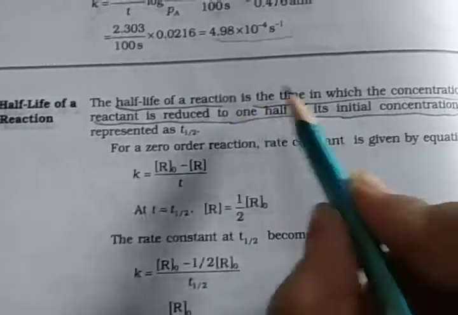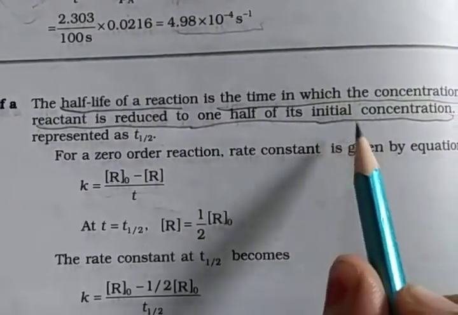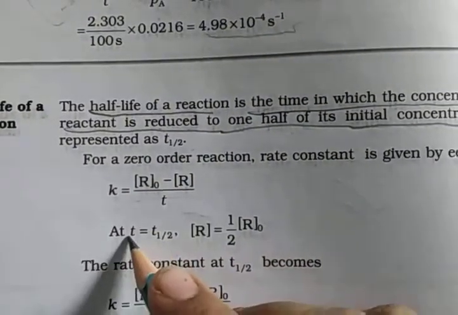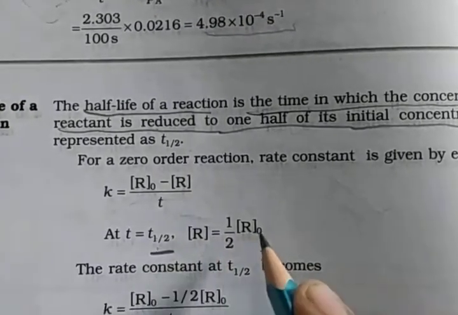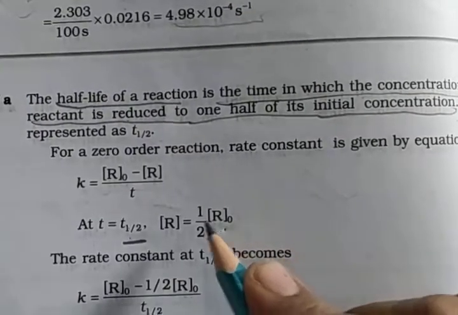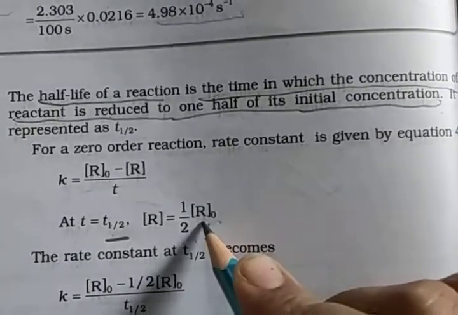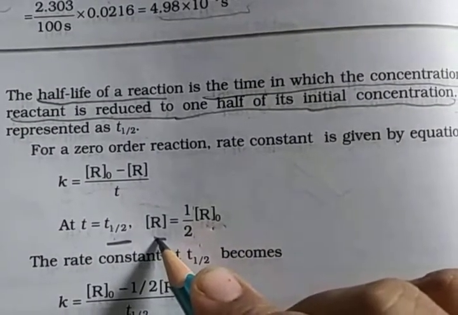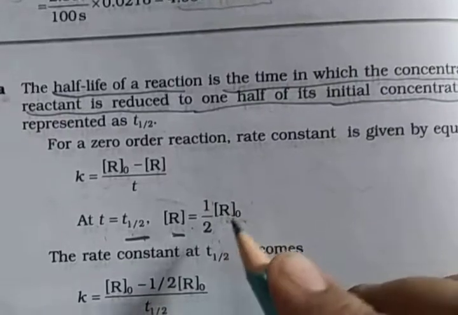We denote half-life time by T half. The initial concentration is denoted by R naught, so the half value is 1/2 R naught at time T half.